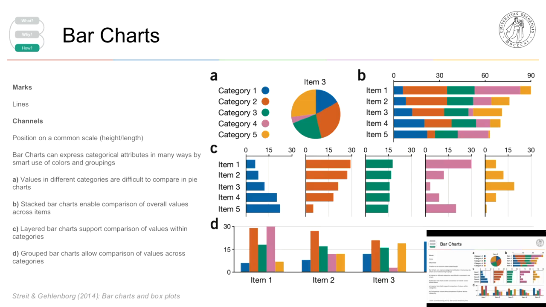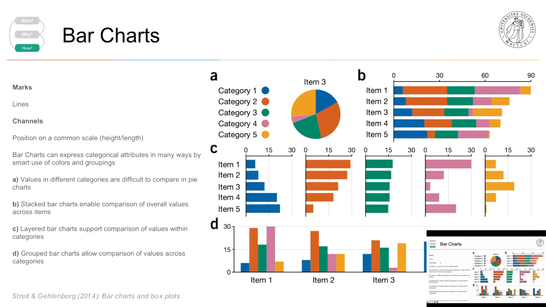A very popular type of visualization is the bar chart. The bar chart uses lines as marks, and position on a common scale would be the channel.